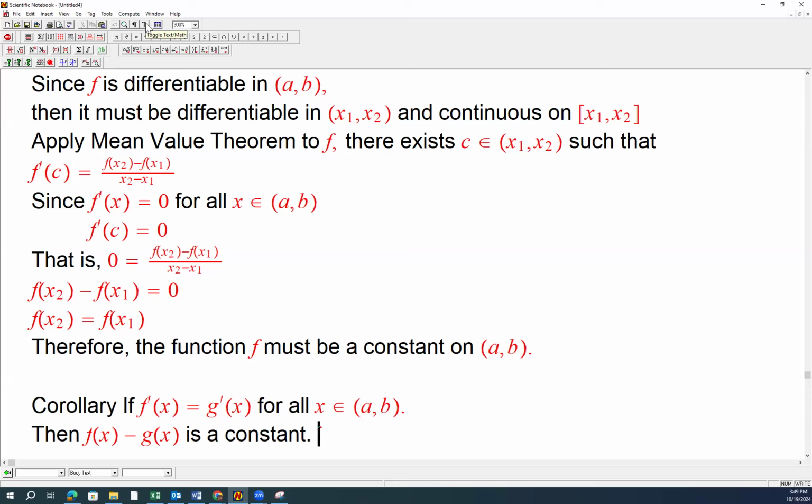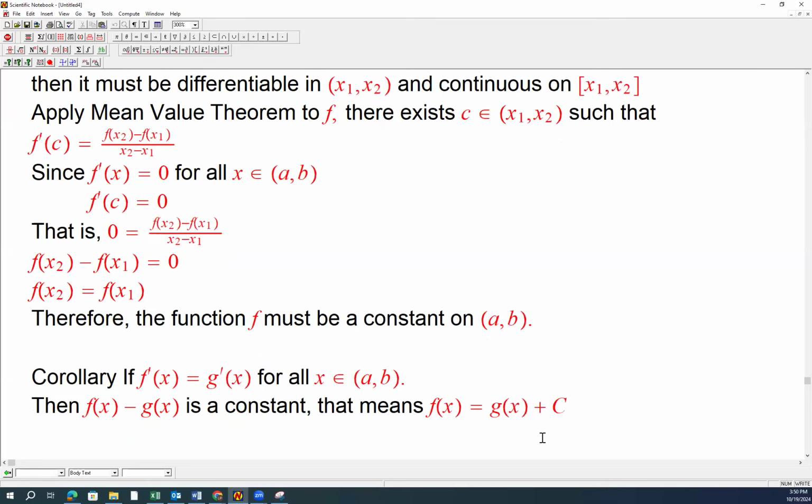And as a result, if f of x minus g of x is a constant, then f of x would be equal to g of x plus the constant.